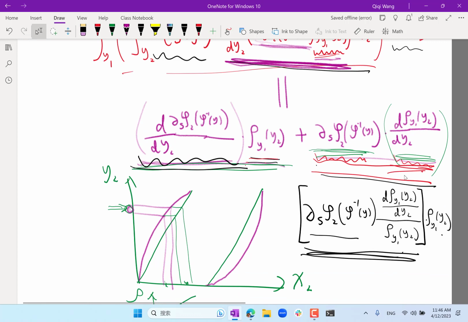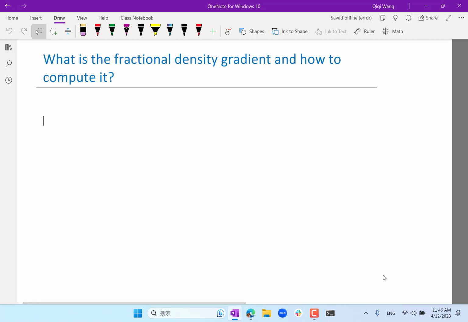But what is new is the second part. So let's think about what the second part is. It is the ratio of a spatial derivative of the density over the density itself. Let's write it down. That's what we call the fractional density gradient.